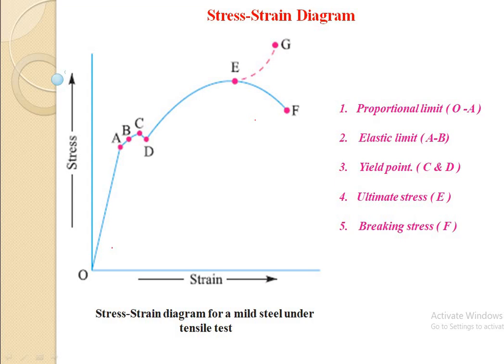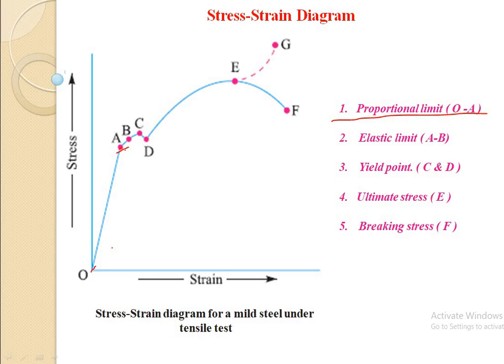First, take this point O as the reference point, O to A. As shown in the diagram, up to point A we get a straight line, that is O to A. When we plot stress and strain values up to point A, we get a linear progression from point O to A. This is known as the proportional limit.